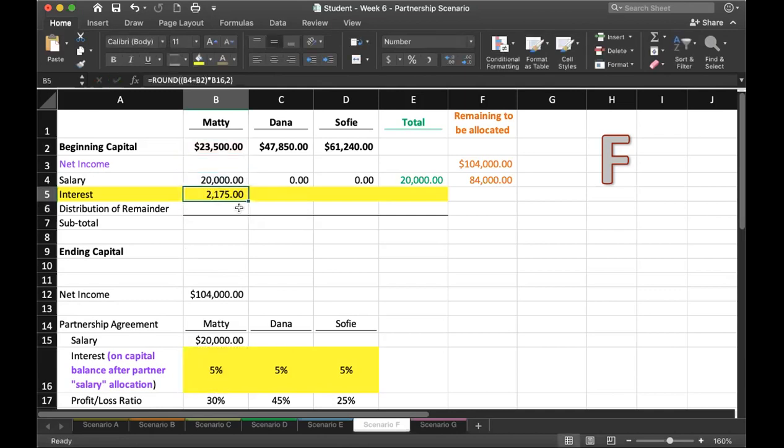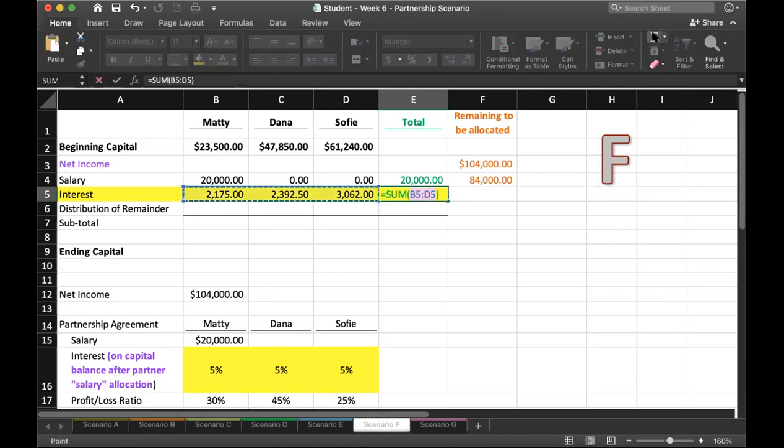And so the interest that Maddie would receive would be $2,175. And then we can just drag and drop that across for the other partners.